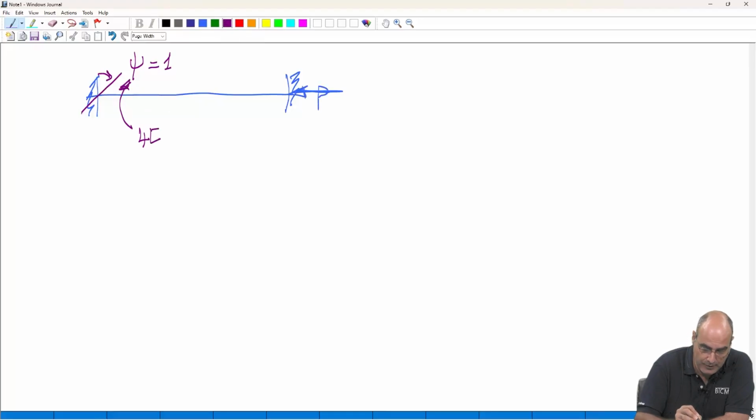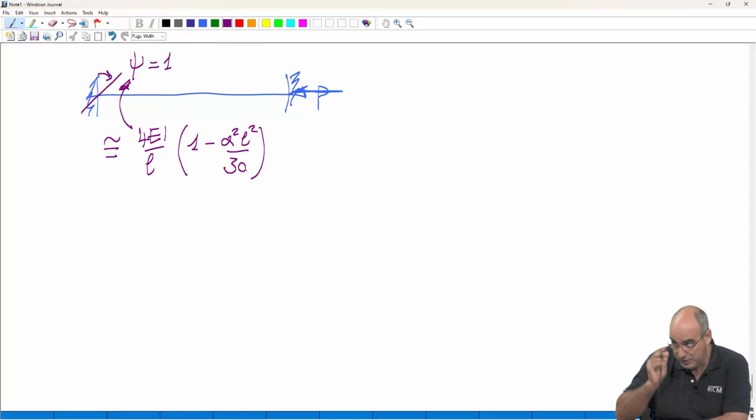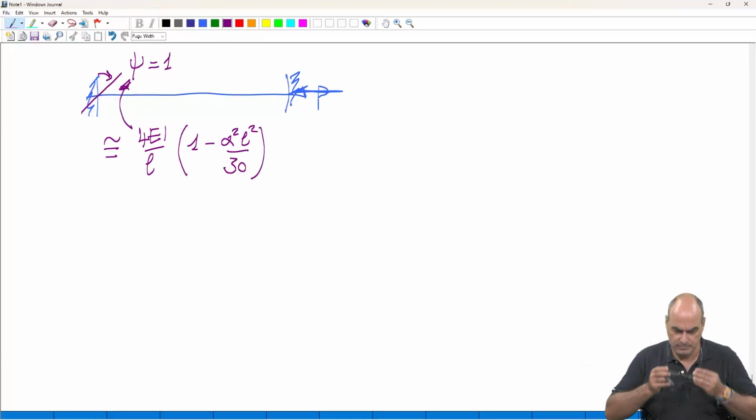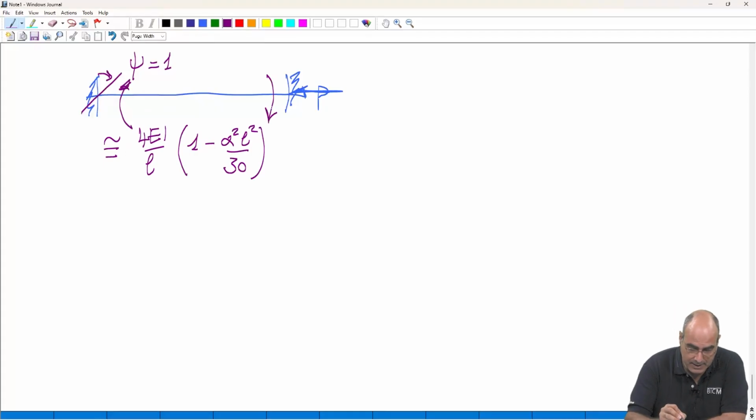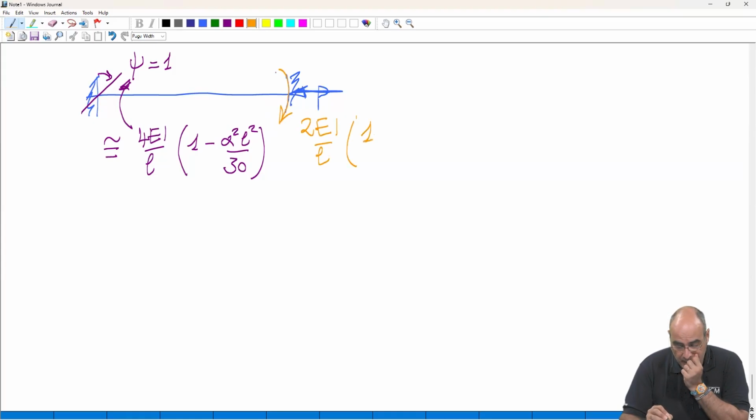This is 4EJ over L, more or less, times 1 minus alpha square L square over 30. And this other moment here, let's use another color, is 2EJ over L times 1 plus alpha square L square over 60.